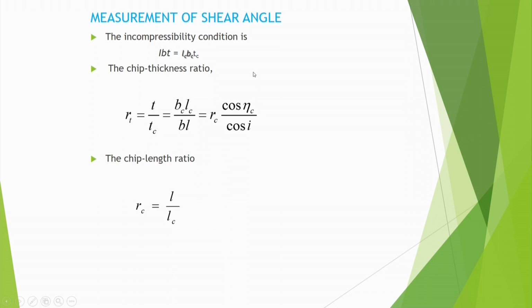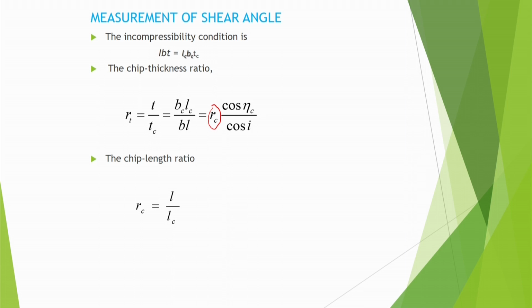Now we know that L B T is equal to L C T C, and chip thickness ratio RT is equal to T by T C, and that is B C L C divided by B L. This B C by B can be written as cos eta C by cos I. So RT is equal to RC divided by this one.